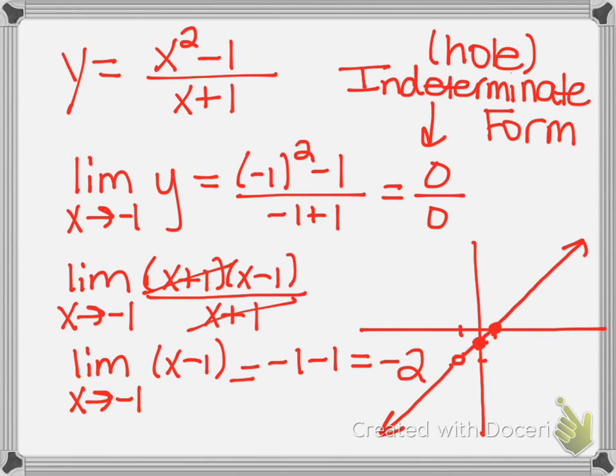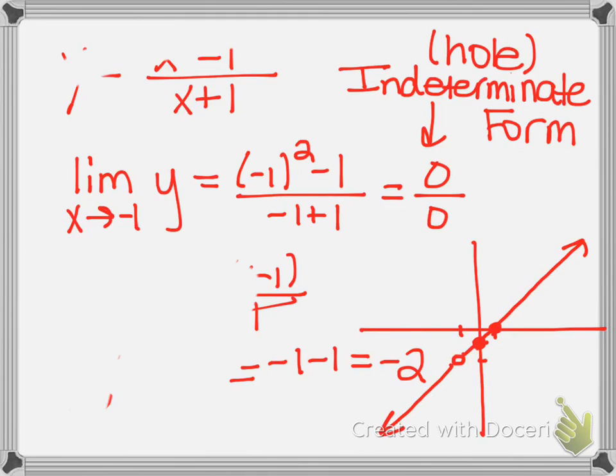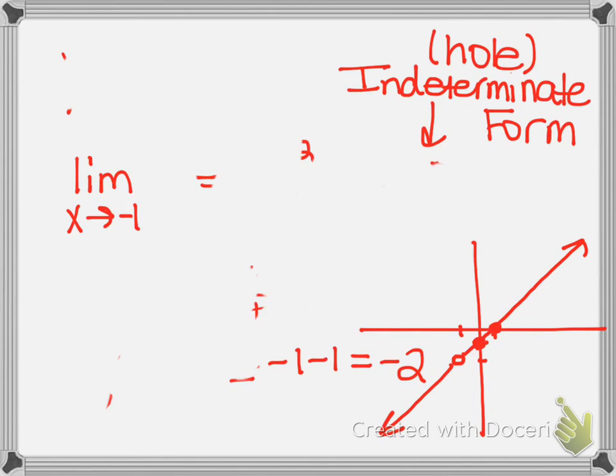So let's say you hadn't been given the equation. Let's say you didn't know any of this, and you were just asked, what is the limit as x approaches -1 of this graph? Well, remember that limits don't care if holes are there.